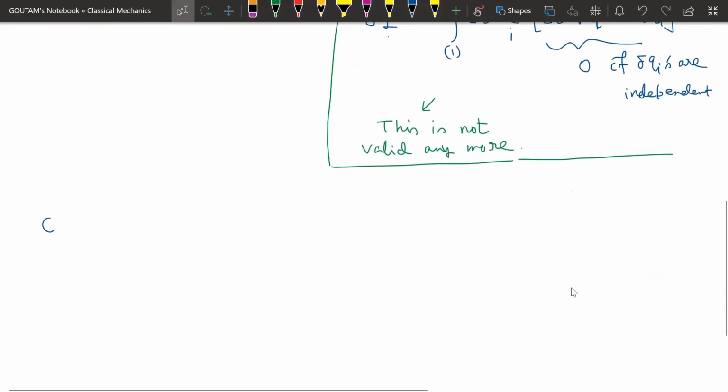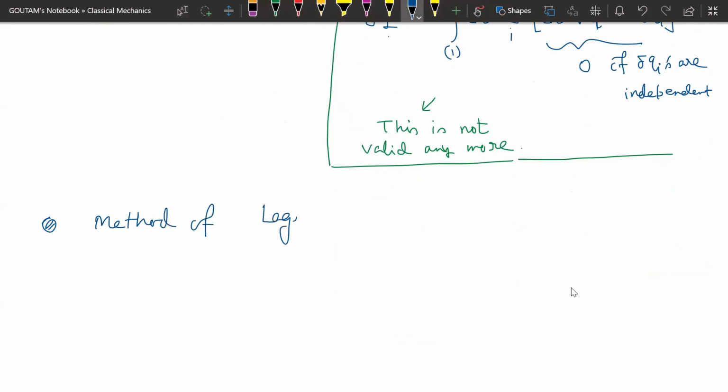In that case, we will introduce a new method which is called the method of Lagrange's undetermined multipliers.